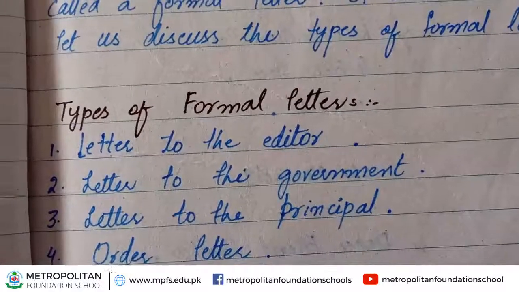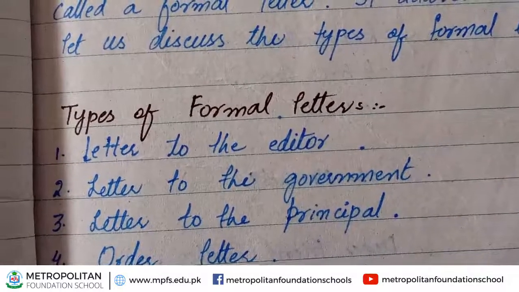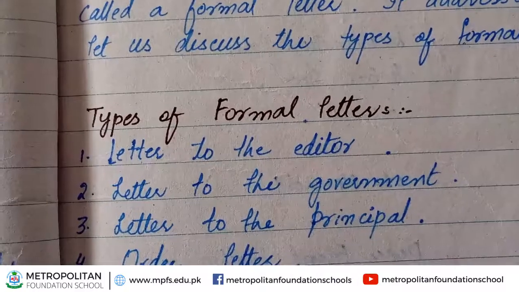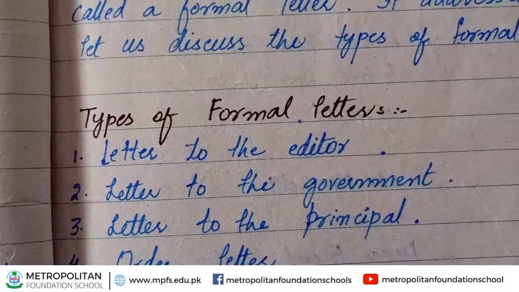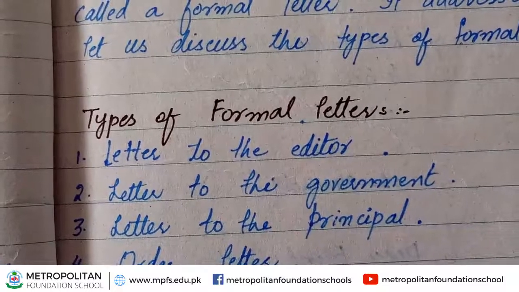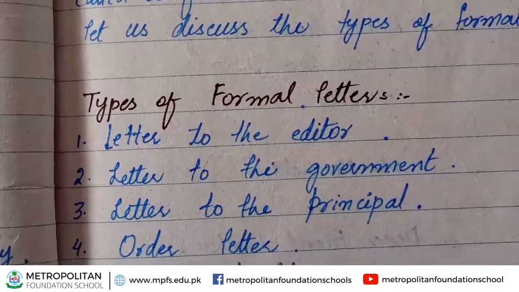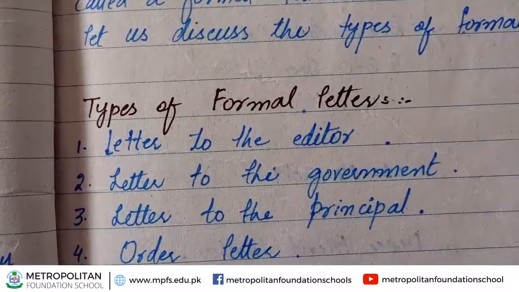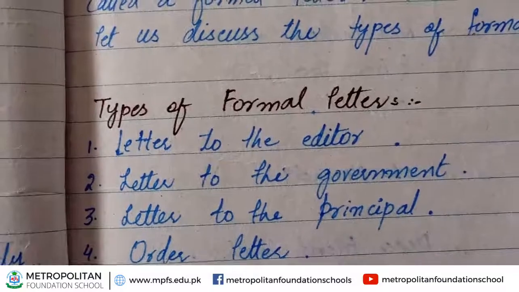Then include the complete address with postal code. Place a comma at the end of every line of the address, and in the last, place a full stop after the last line.